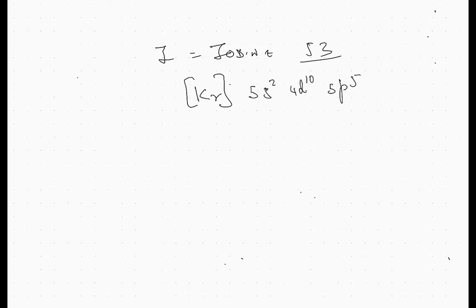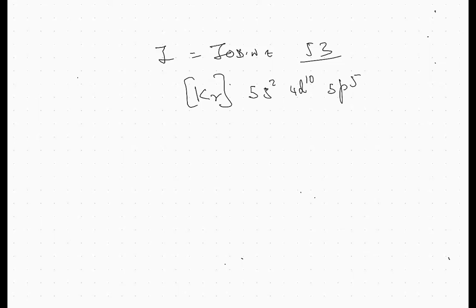I look at the periodic table for the position of iodine, so it's 53. The noble gas one period above iodine is krypton. So I put krypton in the configuration, and you write the rest. If you write the rest, you will get 5s2, 4d10, and 5p5. Okay, that's it. So these are the electrons.